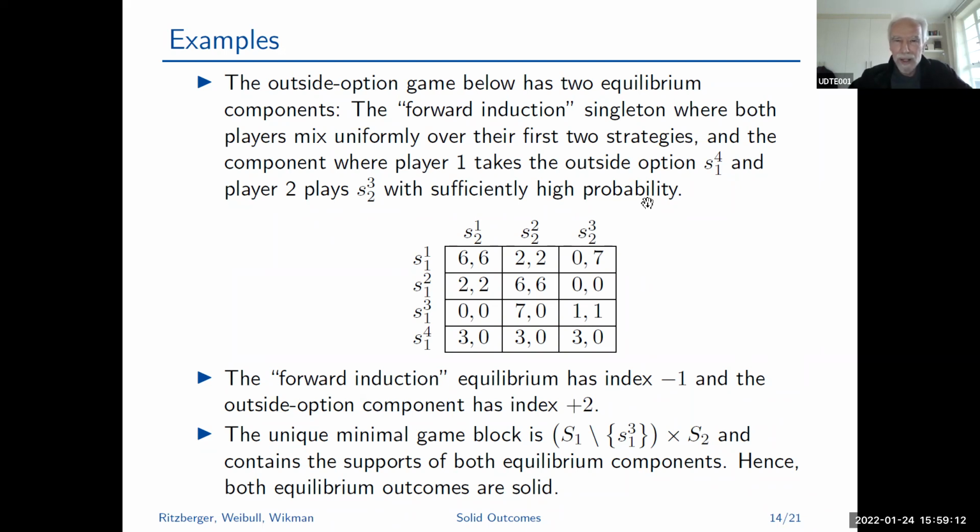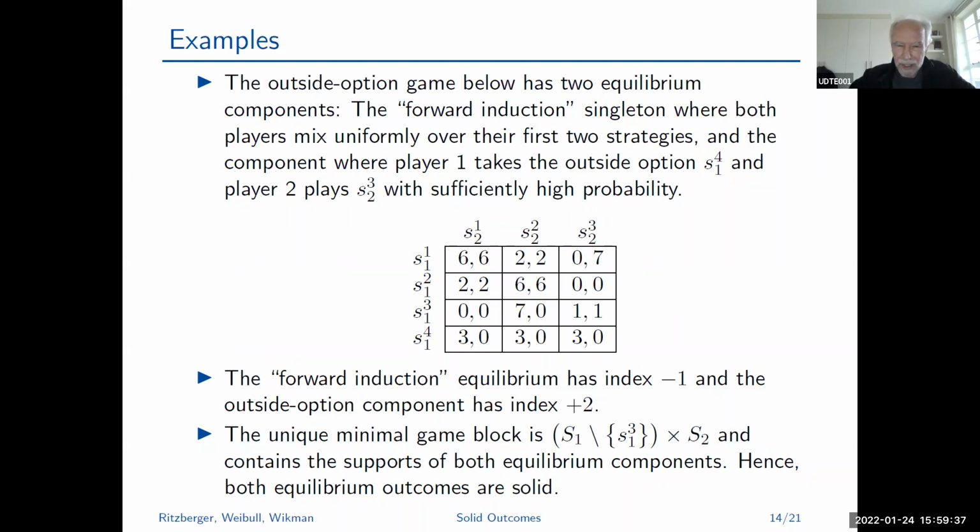Right? And the other one is the outside option component. Okay. Now, in this particular game, the forward induction equilibrium has index -1, and the outside option component has index +2. And the minimal game block here is everything except for the third strategy of player 1. Okay.